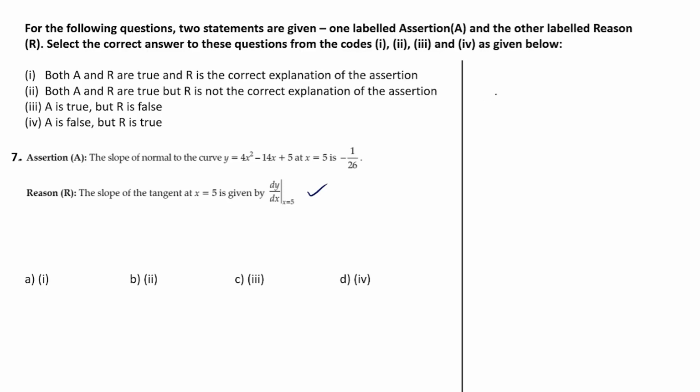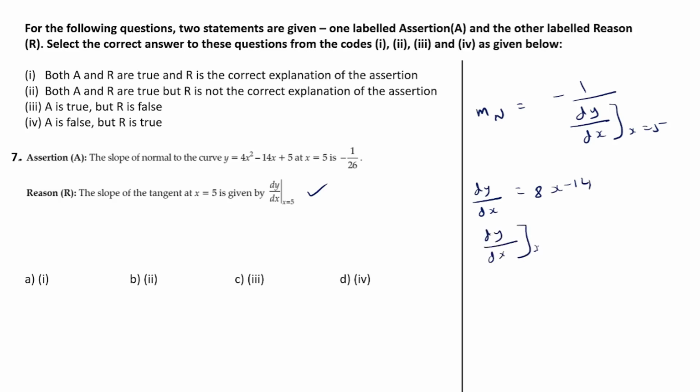Let us check whether the assertion is true or not. Slope of the normal is given by minus 1 by dy by dx at x is equal to 5. So first let us find dy by dx. When we differentiate this, we get 8x minus 14. So dy by dx at x is equal to 5 is 8 into 5, 40 minus 14, which is 26.